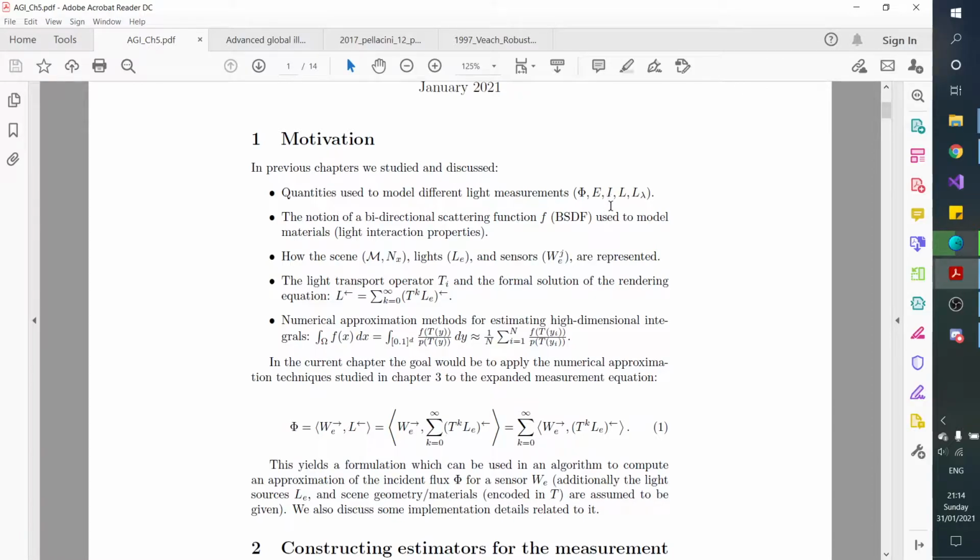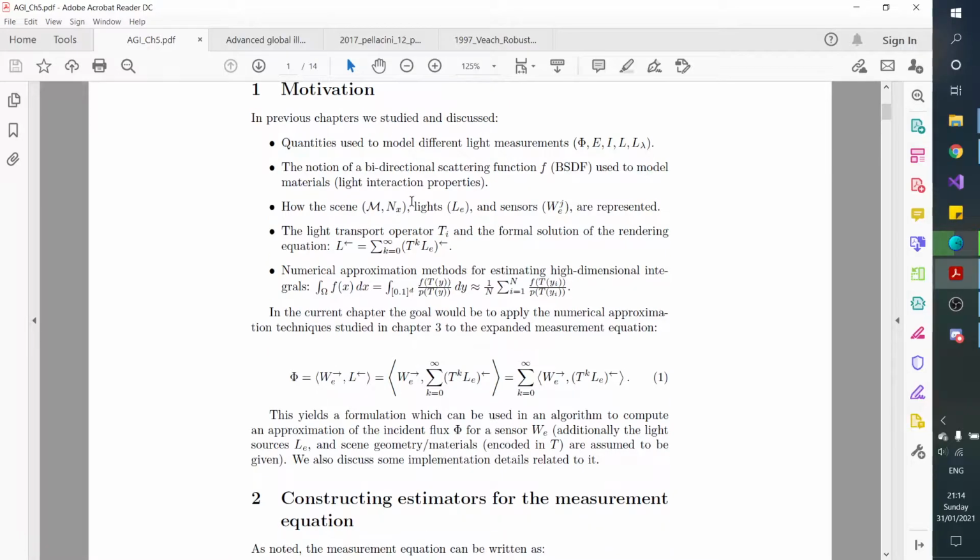If the camera is an orthographic camera, then you're computing the intensity per sensor, and obviously you have the radiance and spectral radiance as some kind of fundamental quantities here. We also saw that the BSDF is used to describe the behavior of your surfaces in terms of light interaction. So the material, really, the BSDF gives you the material.